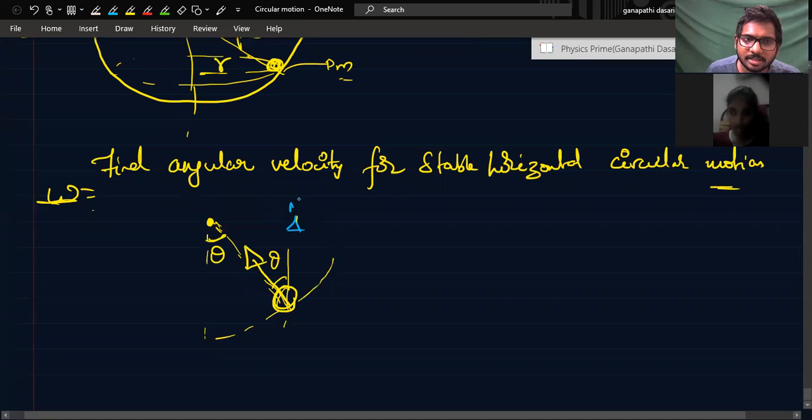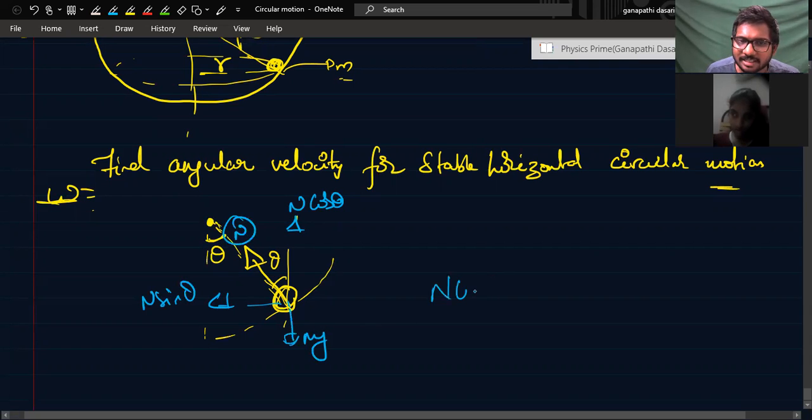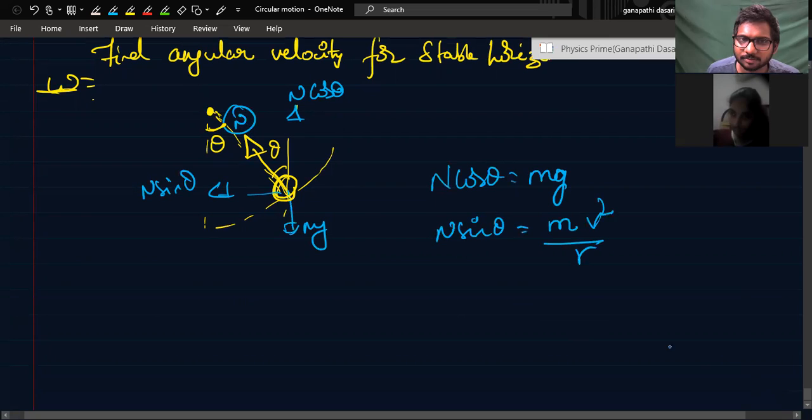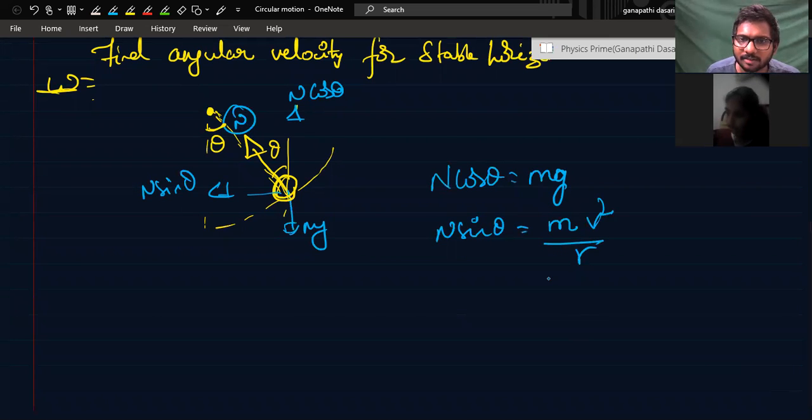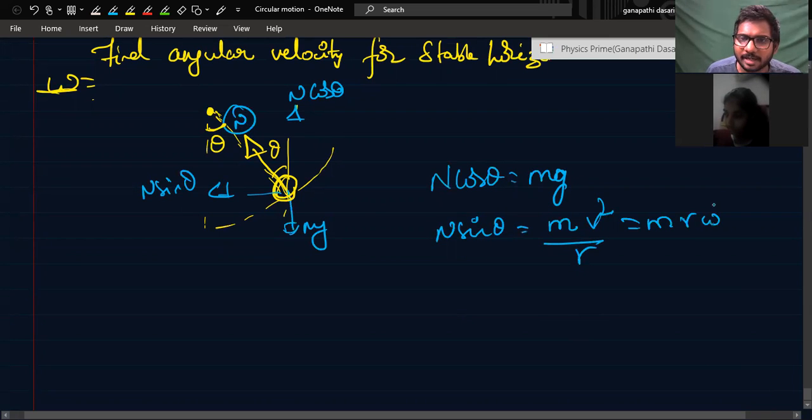This is N cos theta, and there will be N sin theta, and there will be mg. So N cos theta is equal to mg. N sin theta is providing the centripetal force, that is nothing but m v square by r, or otherwise m r omega square. Got it?